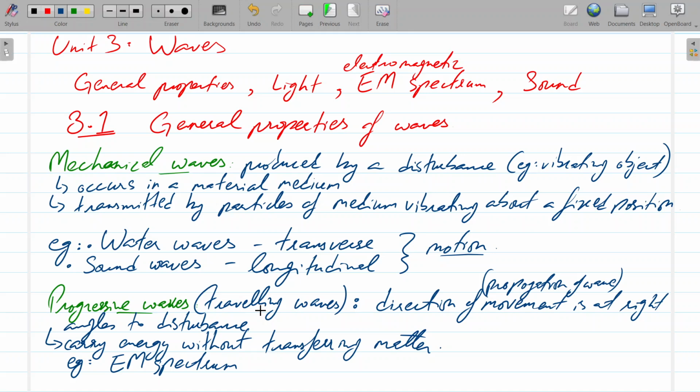They have different frequencies, different wavelengths, certain properties, and a common property for all of them is that they do not require matter. They all transfer energy, but they do not require matter for that. So again, they can move in vacuum. And so they are also pretty fast.